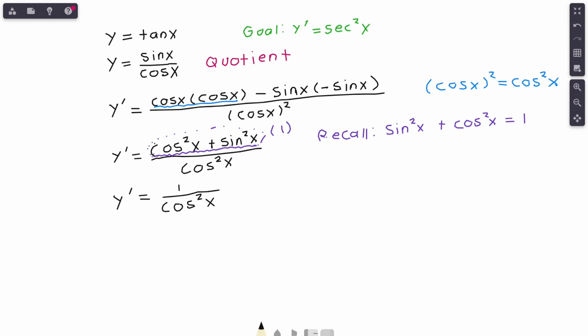Now we wanted to show that this was equal to secant squared x, but we have 1 over cosine squared x. How do we make this look like that? Well, what we do is we write cosine squared x as cosine x times cosine x.